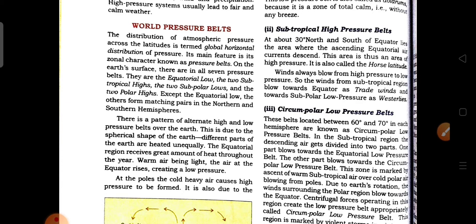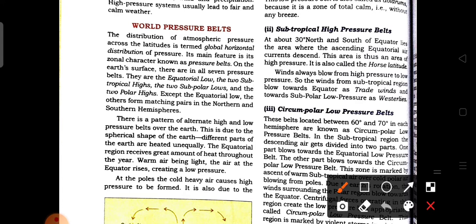On the Earth's surface, there are in all 7 pressure belts. Now we learn about the 7 pressure belts. They are the equatorial low, the 2 subtropical highs, the 2 subpolar lows, and the last, the 2 polar highs.